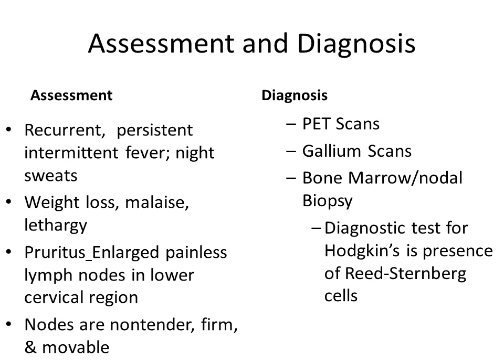So we have infection as an issue. So a recurrent or an intermittent fever, night sweats, weight loss, malaise, and lethargy. And then these lymph nodes, usually in the cervical area, that present themselves, and itching. It's unexplained, but lots of people have itching. Non-tender nodes that are firm and movable.